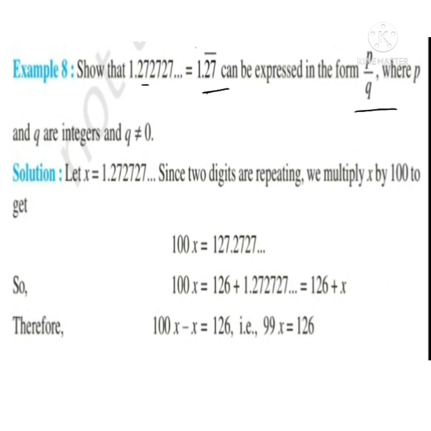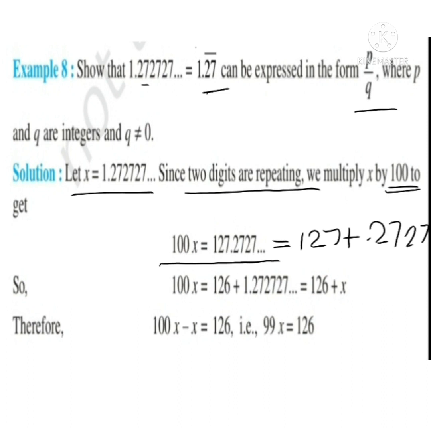So again we will start with the same procedure. x is equal to 1.272727. Since two digits are repeating, we will multiply it by 100. So we will get 100x is equal to 127.272727.